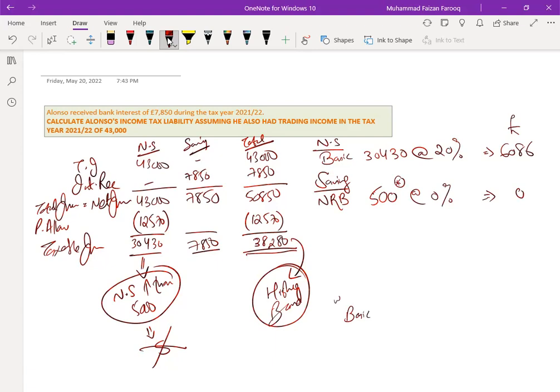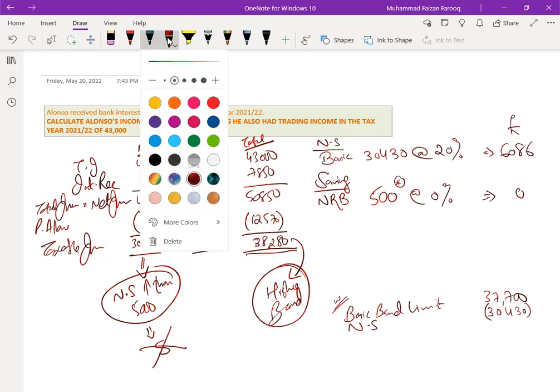Now see, one working we do. Basic band limit is how much? 37,700. Non-savings used 30,430, so how much is left? 7,270. Now I am changing the color of the pen so it is easy to memorize.